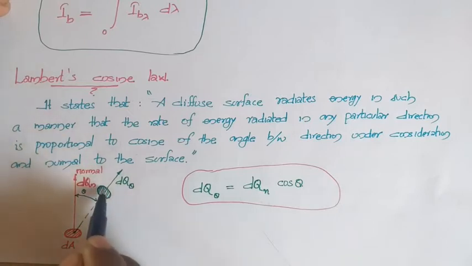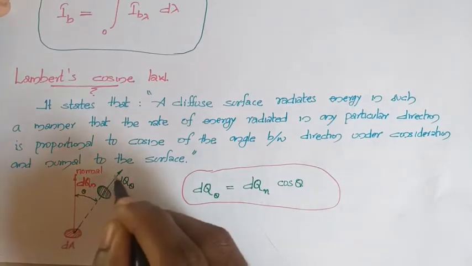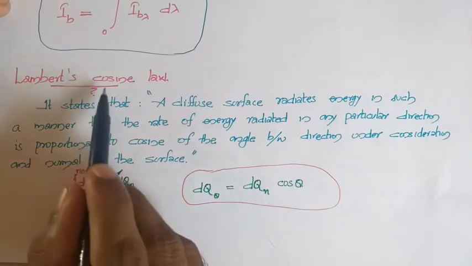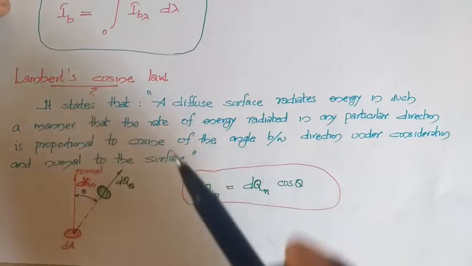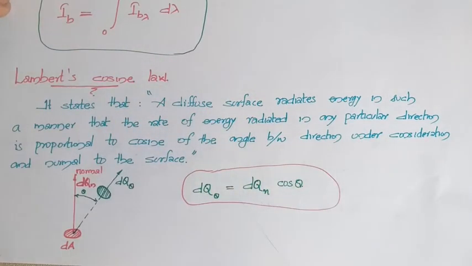Next you are considering some other area, shown by this green, located at an angle theta, and the amount of energy emitted in this direction I am writing as dQ suffix theta. And according to Lambert's cosine law, a diffuse surface is actually a surface whose radiation properties are independent of direction.